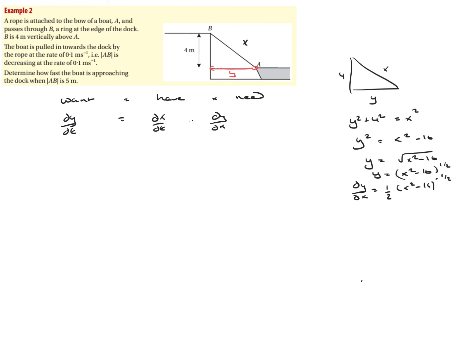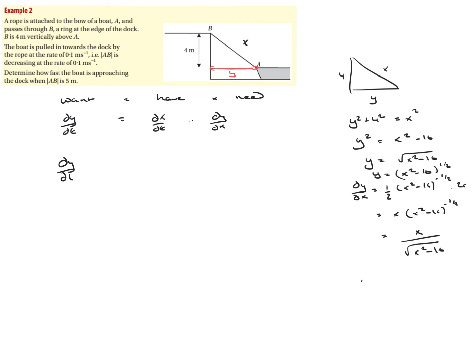If we differentiate that, it'll go to 2x, and the constant will disappear, so we've got 2x. We're going to tidy it up a little bit. I'm going to end up with x, and x squared minus 16 to the power minus a half, and tidy up a bit more. We've got x on the top, and then the square root of x squared minus 16 on the bottom. From here, we're going to put it back into our formula.